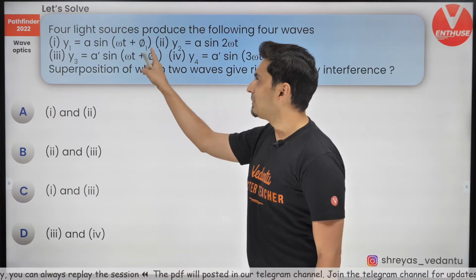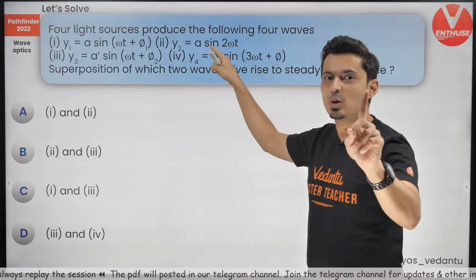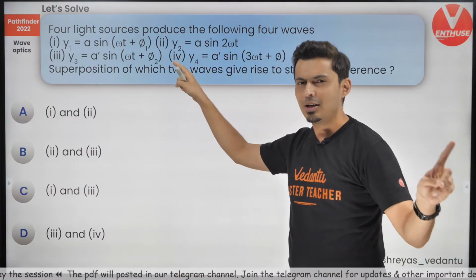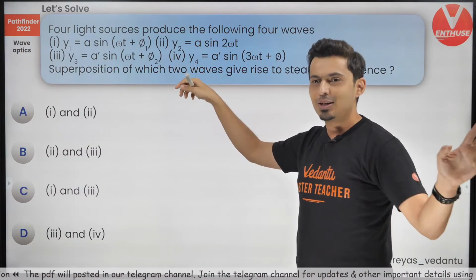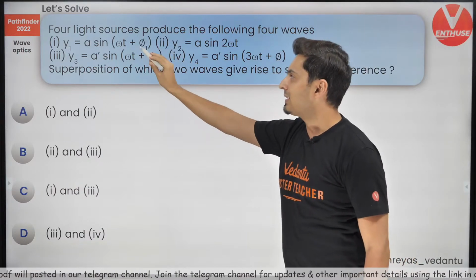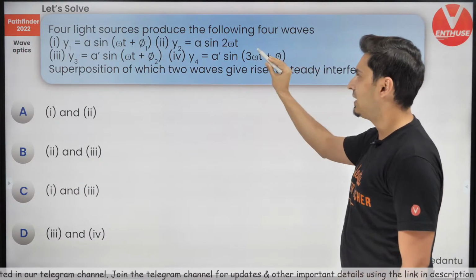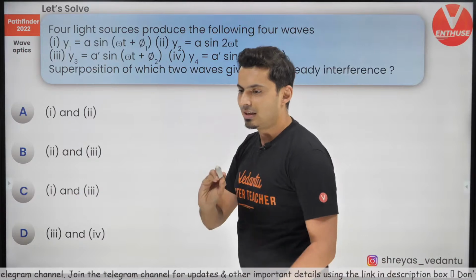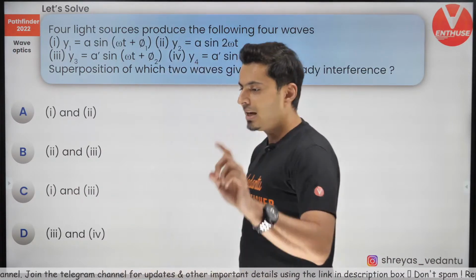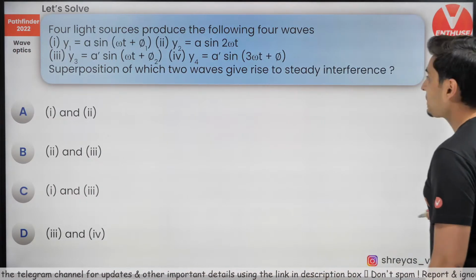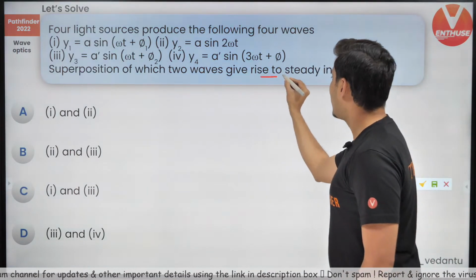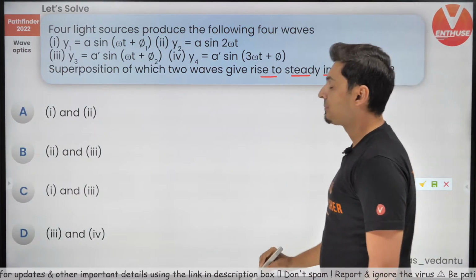Okay, now this is something which probably needs the knowledge of SHM of 11th standard. So if you are in 11th standard or below and have not studied SHM, you might find this a little bit tough, but otherwise this is easy. I'll tell you what you need to do. Which 2 waves give rise to steady interference?